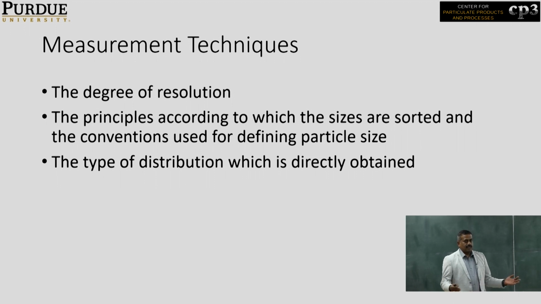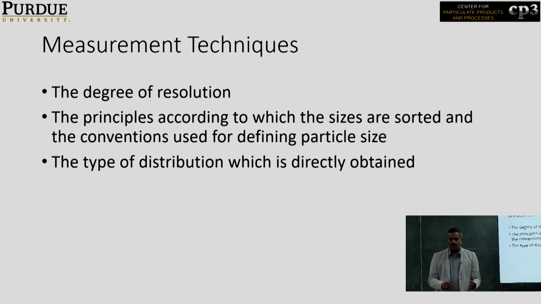So there are three different types of distribution that we normally characterize, the size distribution of powders from the measurement techniques. Okay, can anyone give the three distributions that we characterize? Particle size distribution. So at least two of them you gave, but you just have to say them. So volume based distribution. Okay, one is volume based distribution, one is mass based distribution, right?